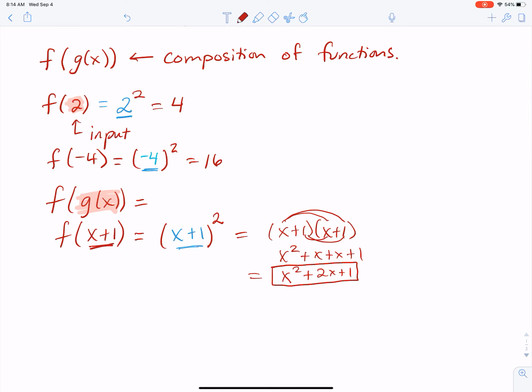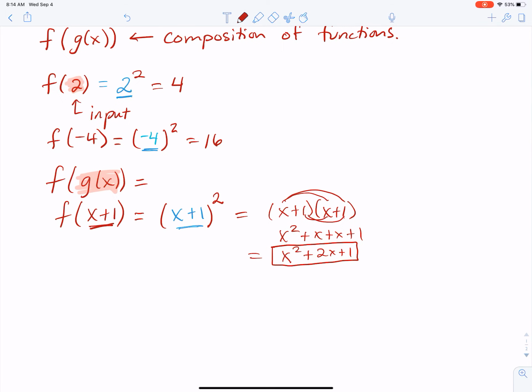So that's the general idea behind composition of functions. We do also have other ways of noting that. For notation, we can either have f of g of x.